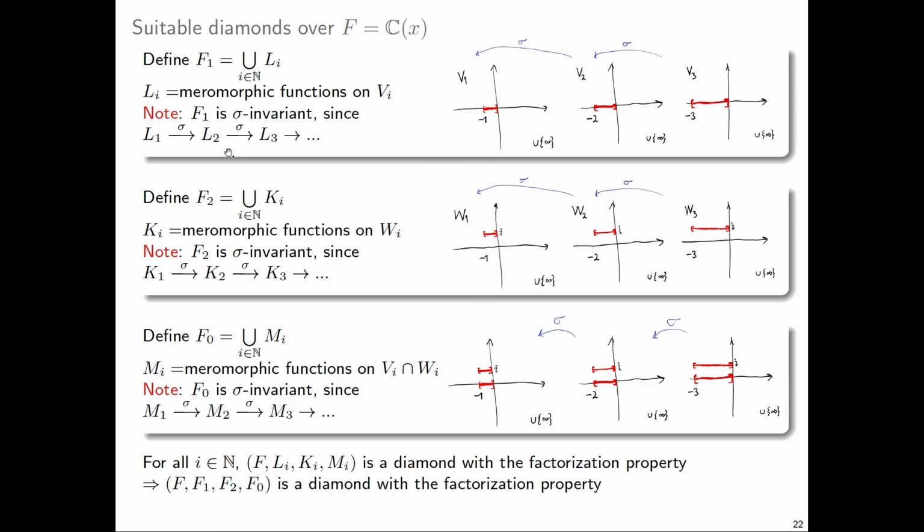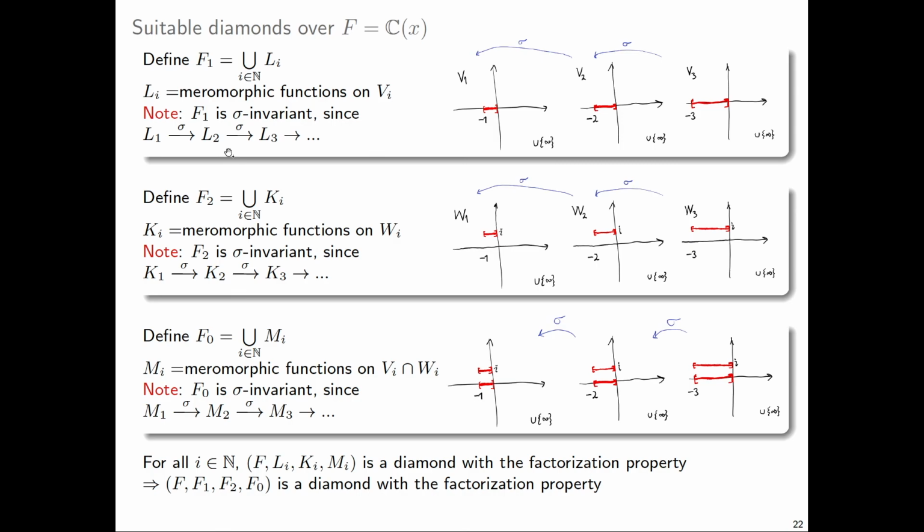And therefore, also the union is a diamond with the factorization property, because if you take a matrix with entries in F0, then for some i, this matrix has entries in Mi, and you can factor inside this diamond with Li, Ki, Mi, and then it gives you a factorization in the union. And similarly for the intersection property.